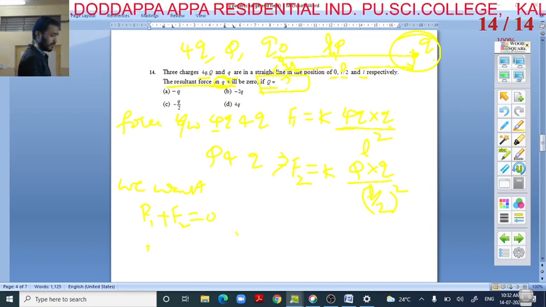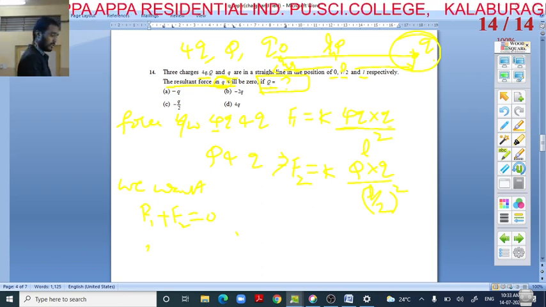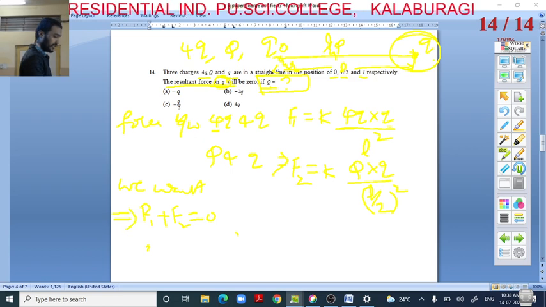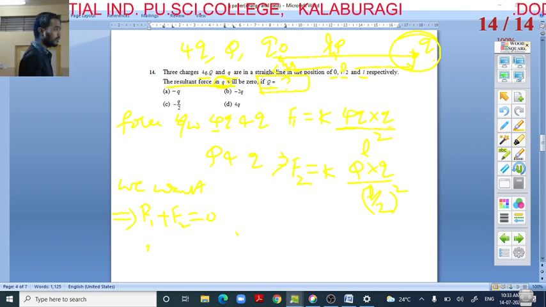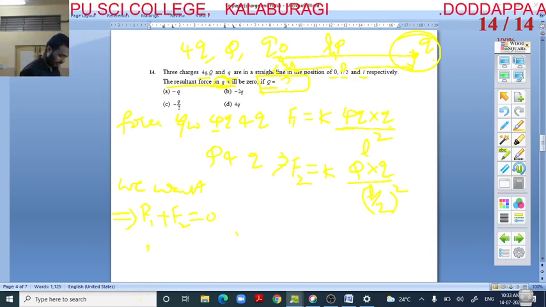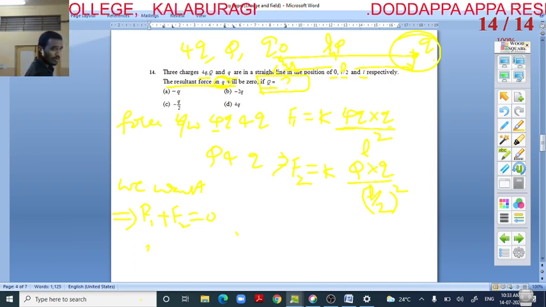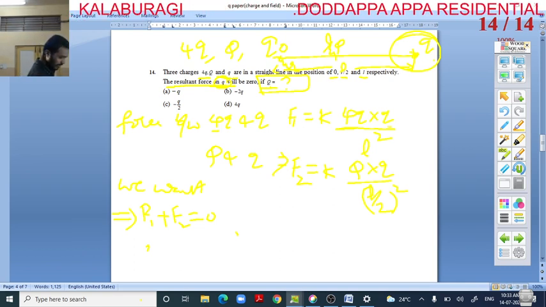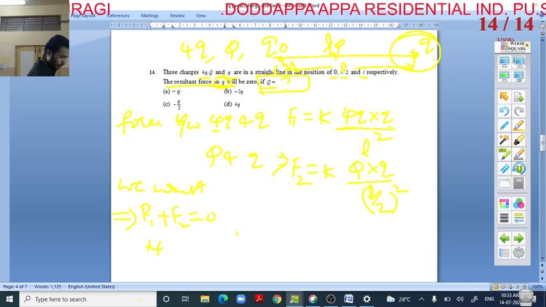So this equation becomes F1 is equal to minus F2. So write the values. K gets cancelled from both sides.